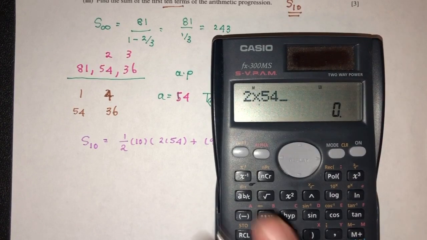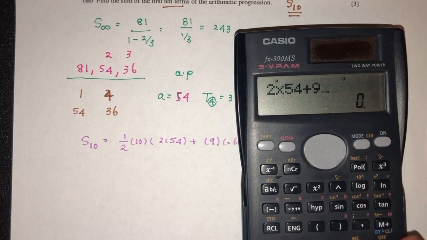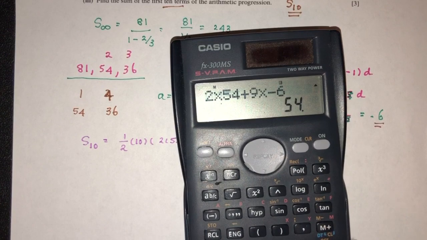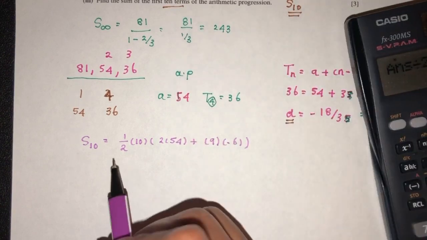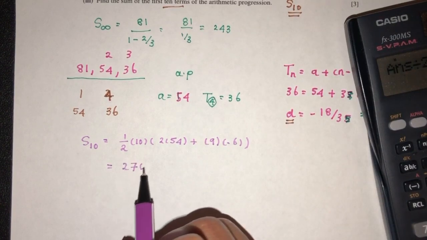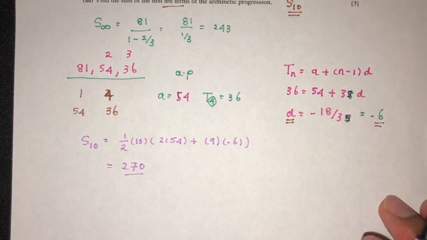So 2 times 54 plus 9 times minus 6, that will be 54, times 10 divided by 2. That should be 270 as your answer for the sum of the first 10 terms. And that will be the question in regards to AP and GP.